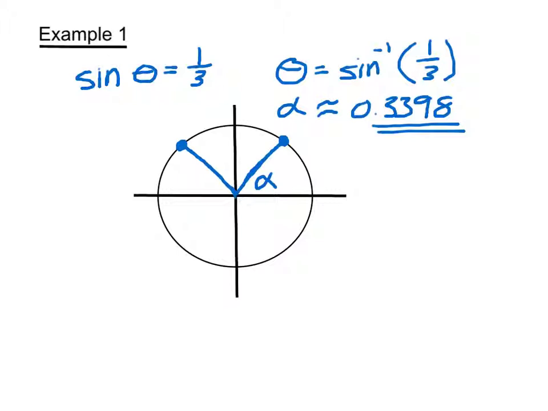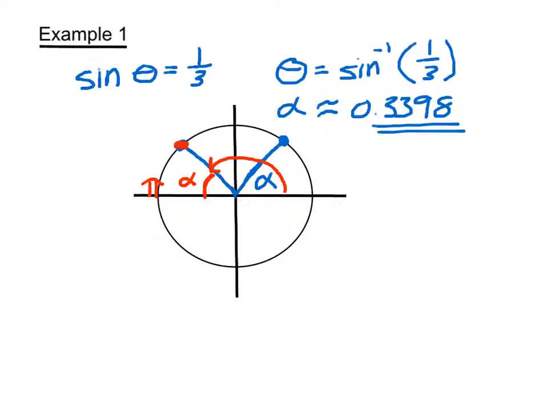Now remember that this point over here has the same y coordinate and therefore the same sign, and is also an answer to this equation. So I need to find this angle. Well, because they're symmetric in the first and second quadrant, I know that this angle right here is also alpha. And I know that if I go through 1/2 revolution in radians here, I've gone pi radians around the circle.